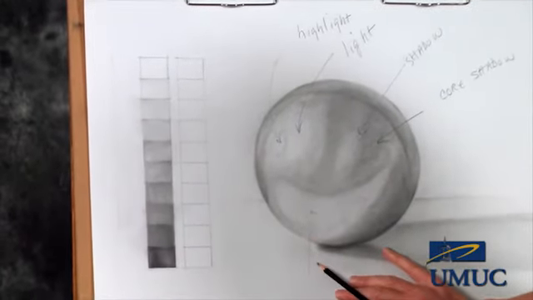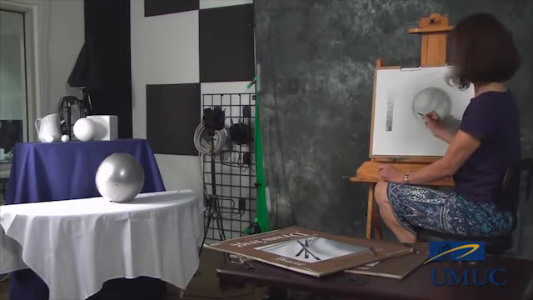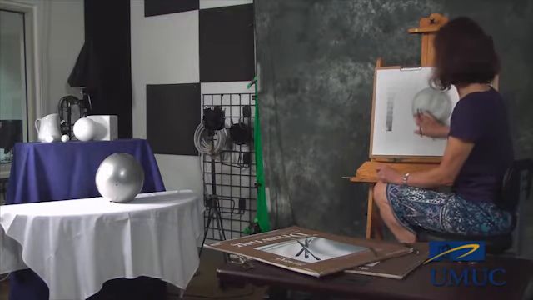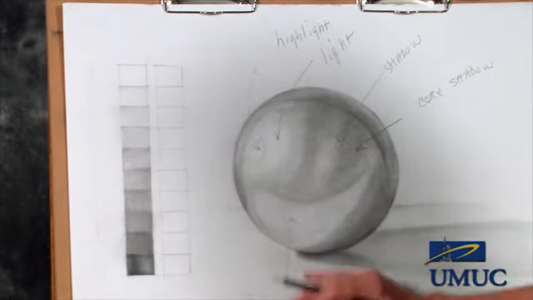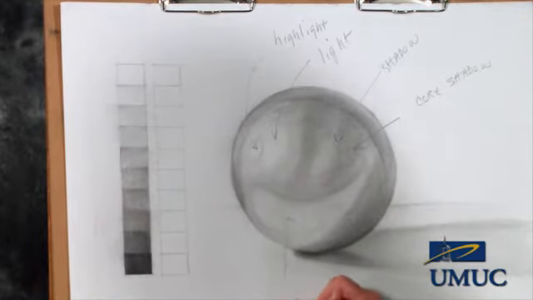The white of the table is actually reflecting into the sphere, and we see the curvature being caused by the shape of the sphere, and we see this lighter area, which is actually the white tablecloth reflecting into the sphere. We call this reflected light.